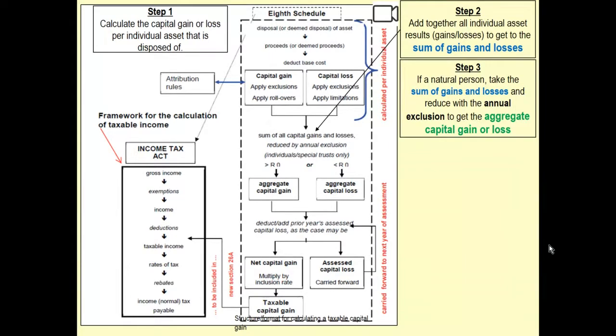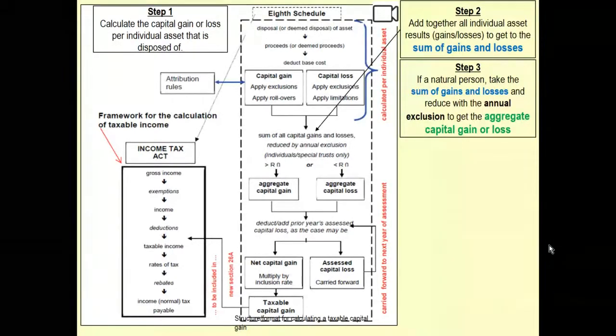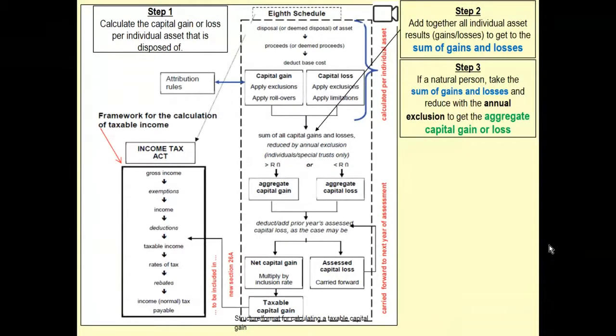Now, I am going to get back to this one because I got a lot of questions on it last week. But take note in that little step 3 block. It doesn't say minus the annual exclusion. It says you reduce with the annual exclusion. So we're going to get back to that one to make sure that you know exactly what is meant. Please note, annual exclusion is a fixed yearly amount that all natural persons are entitled to.